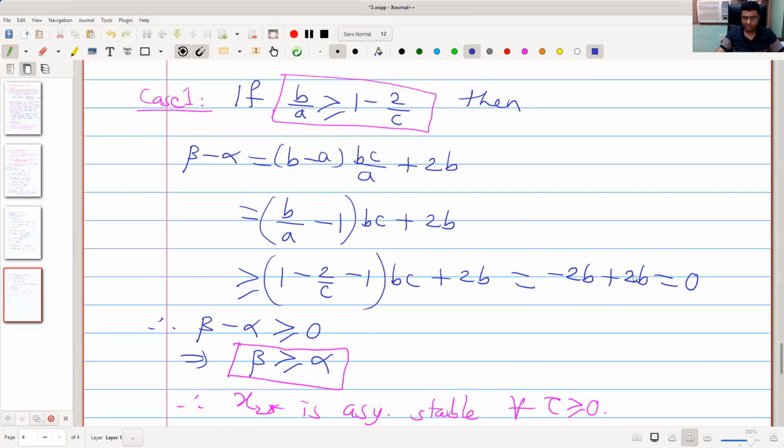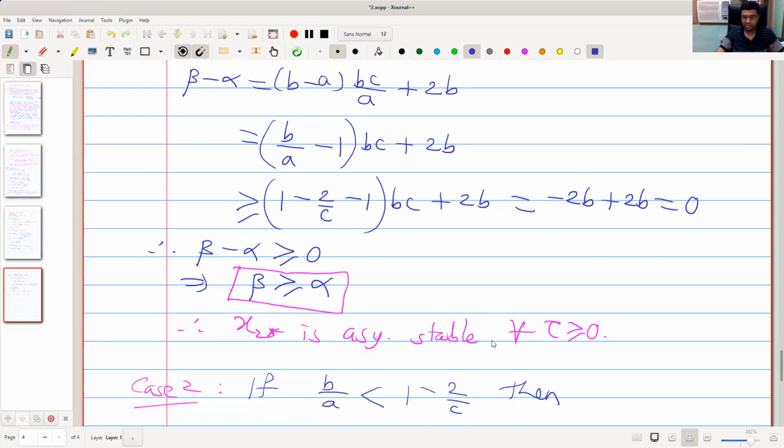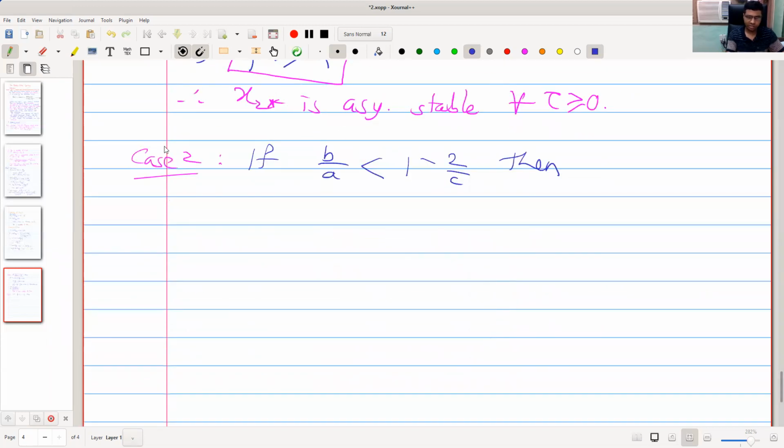And right hand side becomes 0. So beta minus alpha is less than 0, and therefore we have beta is less than alpha.